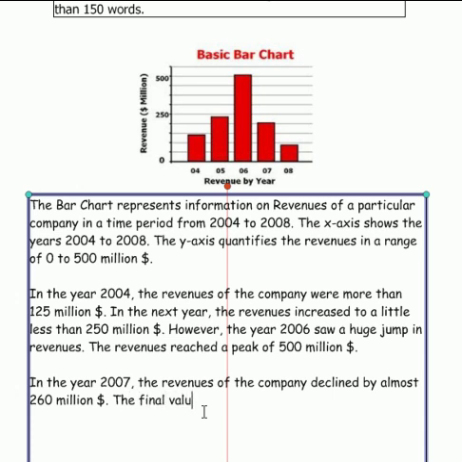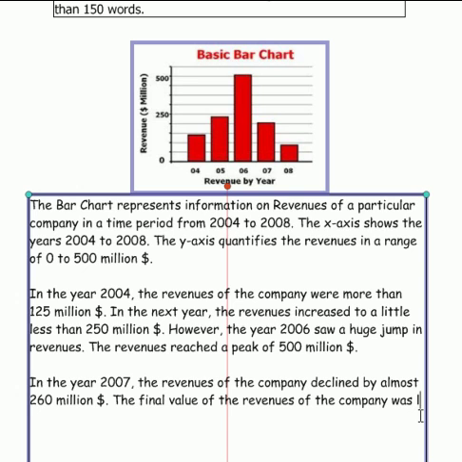The final value of the revenues of the company was, you can see here, less than $250 million.